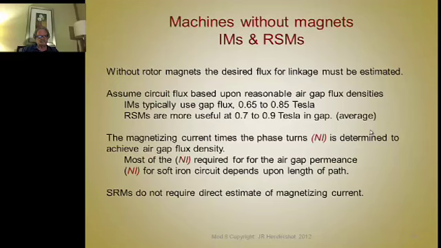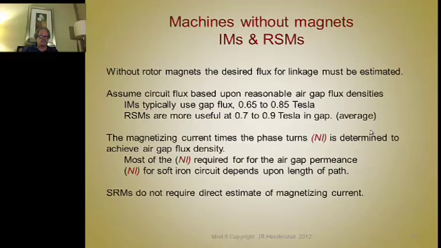And it's the same technique you'd use for a reluctance machine. In the case of reluctance machines, you need ampere turns. You can calculate the turns and current based on the ampere turn requirement for whatever the air gap permeance turns out to be.